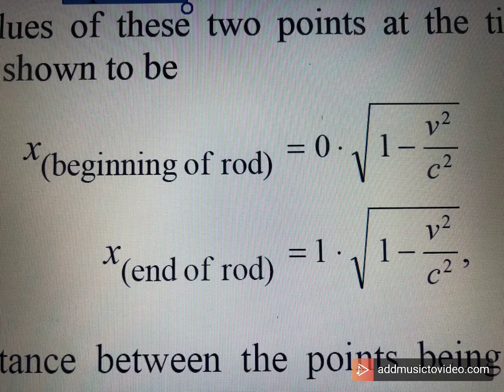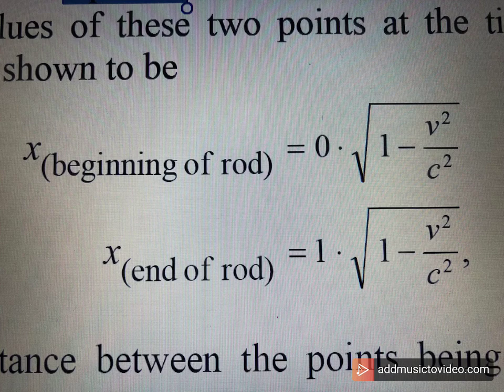By means of the first equation of the Lorentz transformation, the values of these 2 points at the time t equals 0 can be shown to be as follows. x for the beginning of the rod equals 0 multiplied with square root of 1 minus v squared over c squared. x for the end of the rod equals 1 multiplied with square root of 1 minus v squared over c squared.